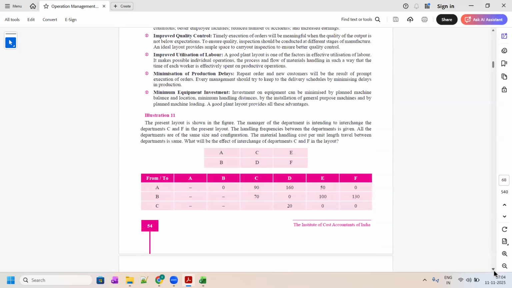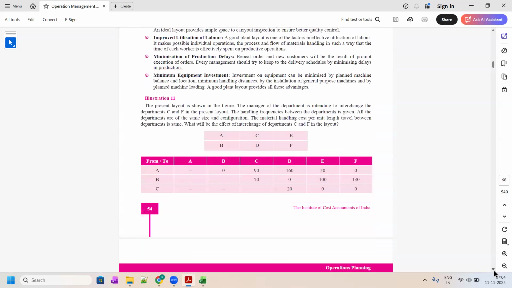And then this was the numerical which we discussed, and I think we need more attention to work on this numerical. We had discussed different types of layout, either process layout, product layout, fixed position layout, cellular layout or combination layout.